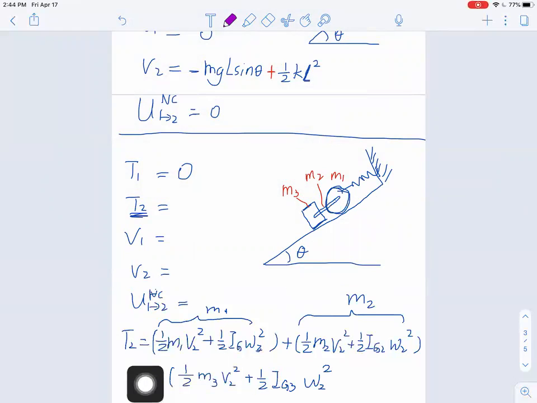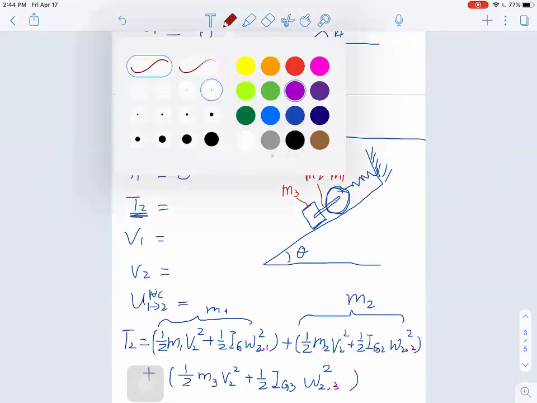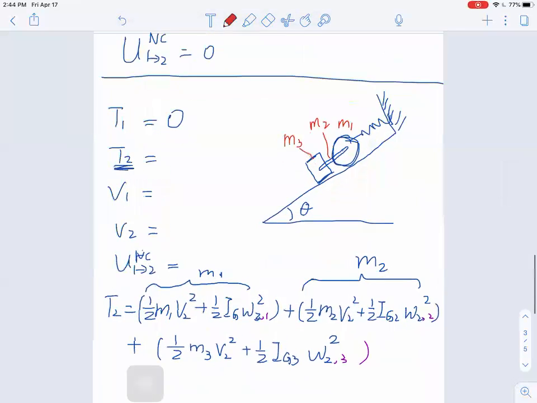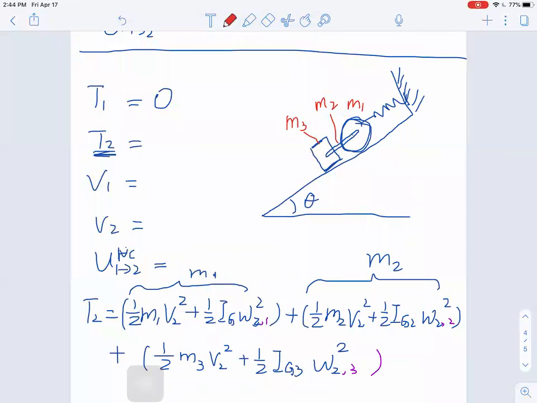So omega here is omega for the first mass, omega for the second mass, omega for the third mass. Okay, this is how you find kinetic energy if you have multiple masses in the system.